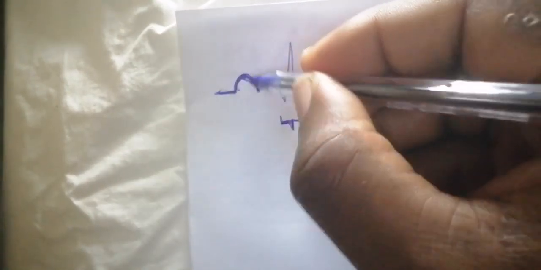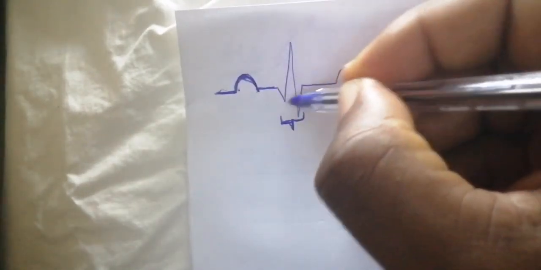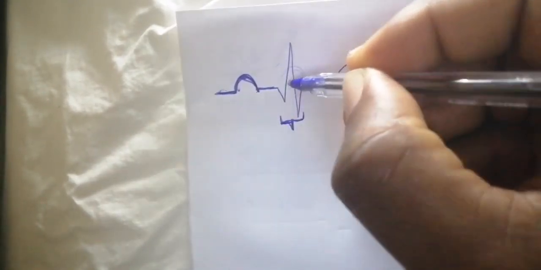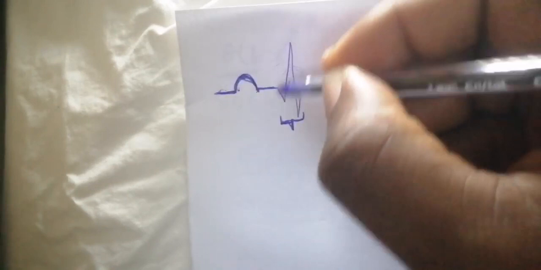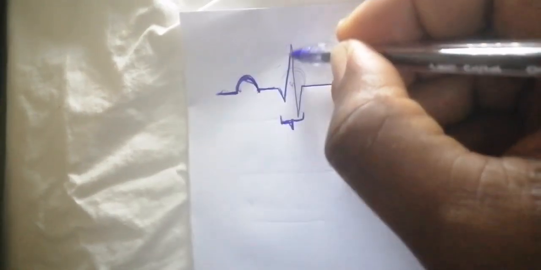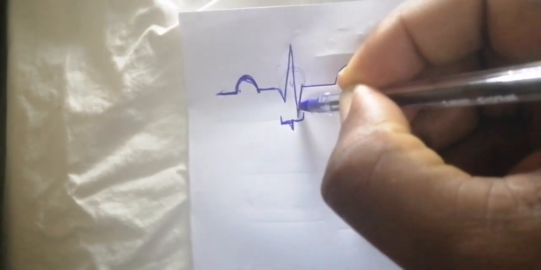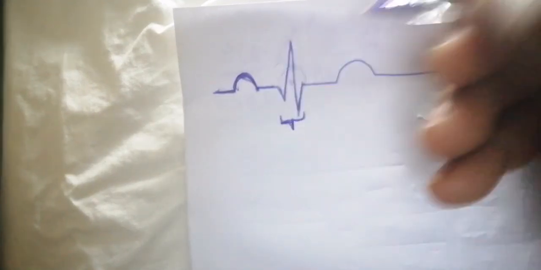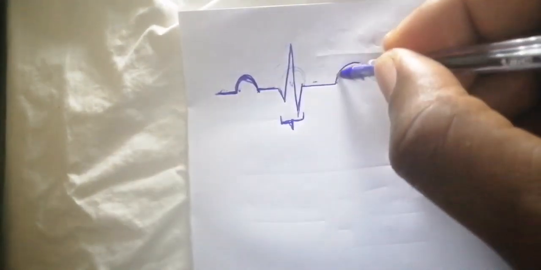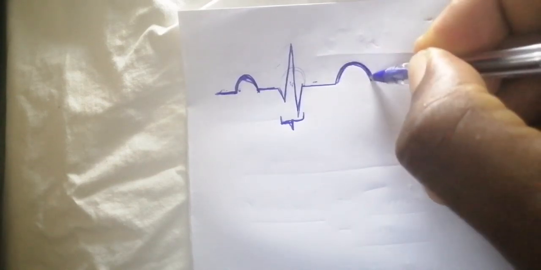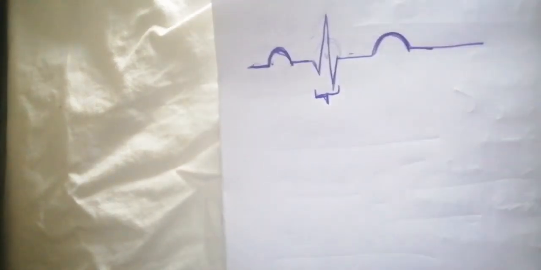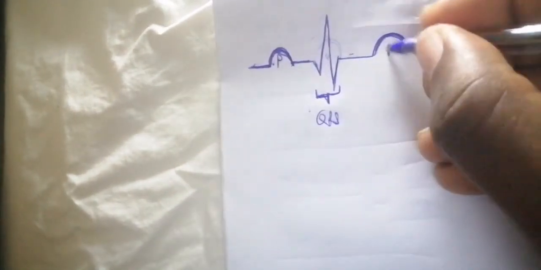Now, the atrial repolarization is overshadowed by the ventricular depolarization. So normally there's supposed to be an atrial repolarization, but you cannot visualize it because it is behind or overshadowed by this ventricular depolarization. Now, the next point is a T wave that represents the ventricular repolarization. Is it clear? So here is the P, here is the QRS complex, here is a T wave.